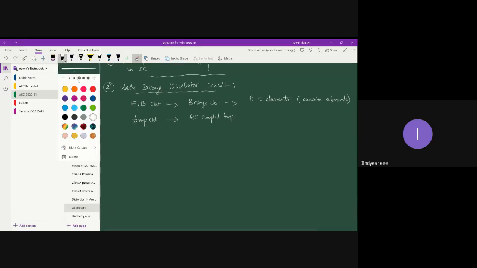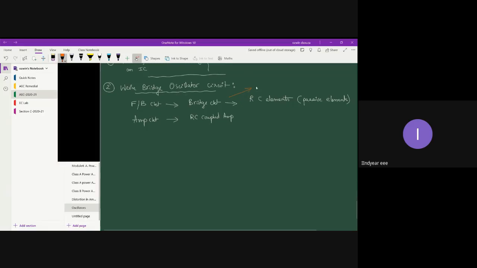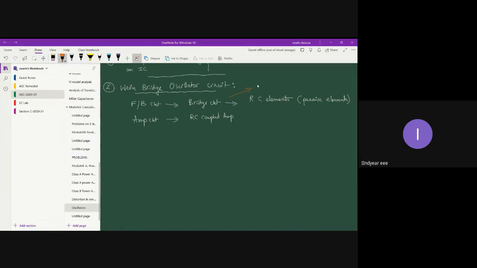Now, one noticeable difference in the Wein bridge oscillator circuit is that the feedback circuit, or the bridge circuit, gives 0° phase shift.